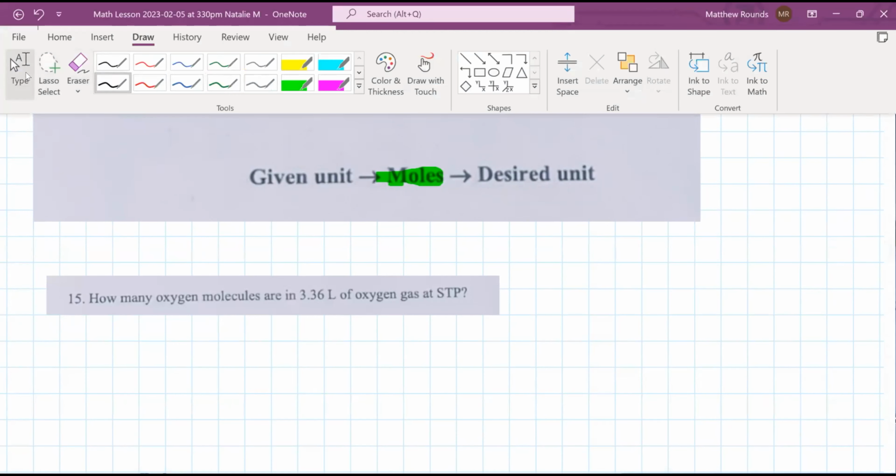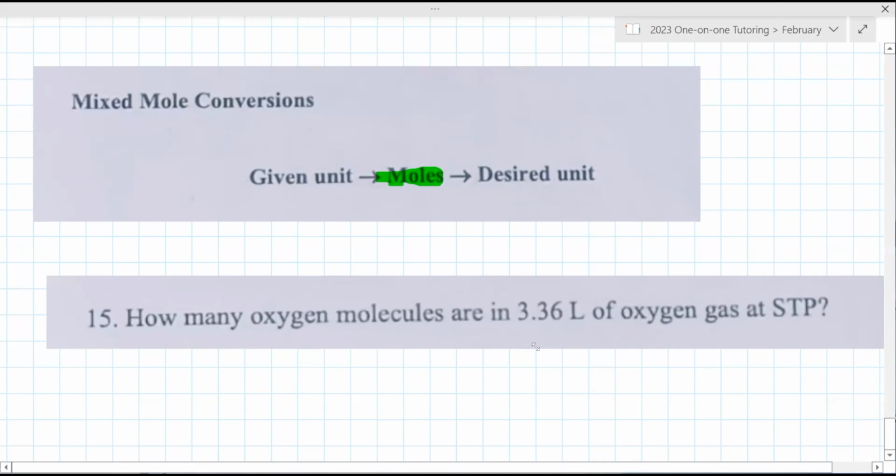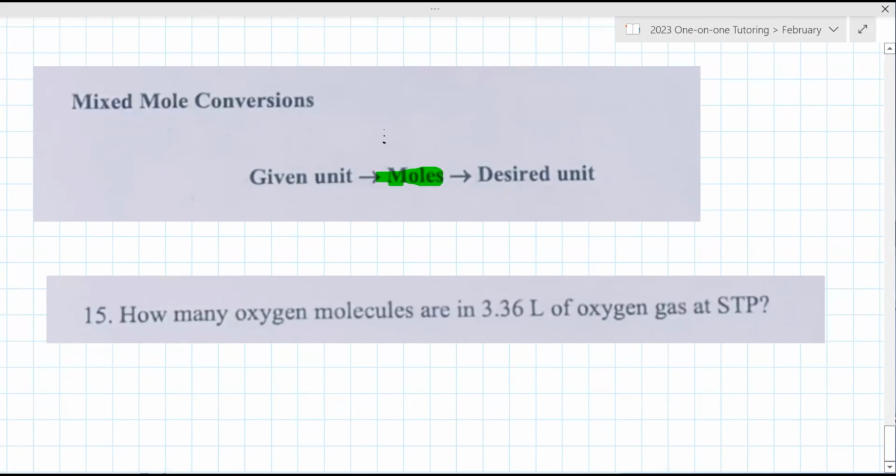So I had this chemistry teacher. He called it Moleville, for lack of a better word. It's like when you travel, you always have to go through a certain town. I don't know if that helps, but you're starting with volume. Okay, that's a volume.